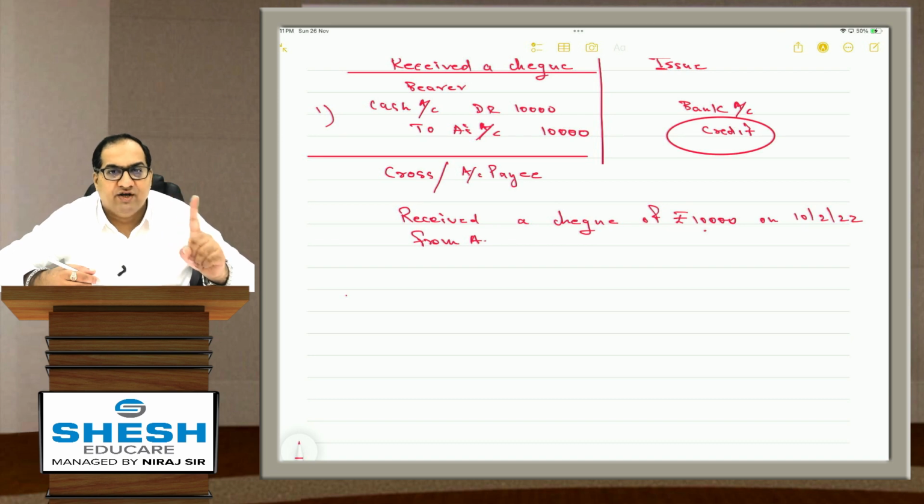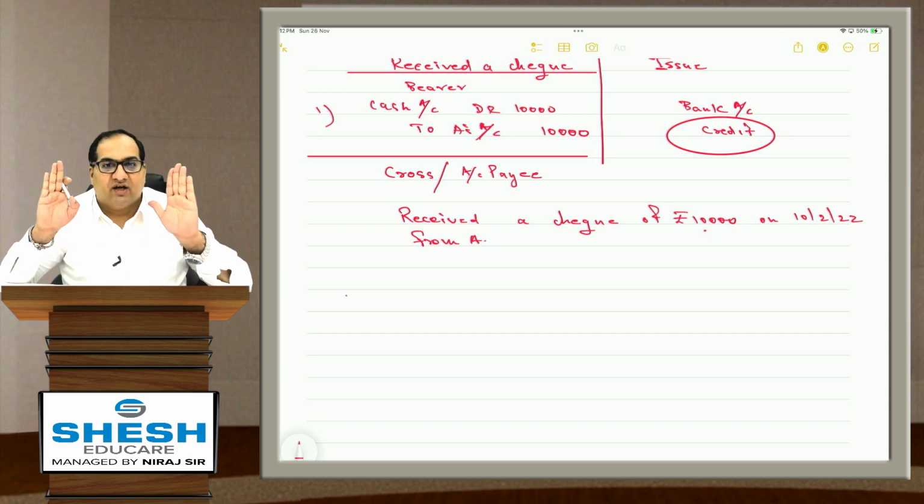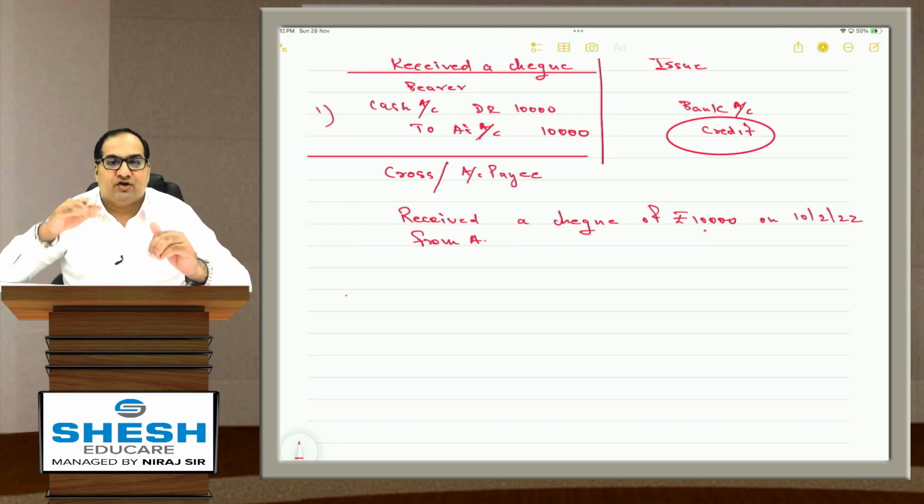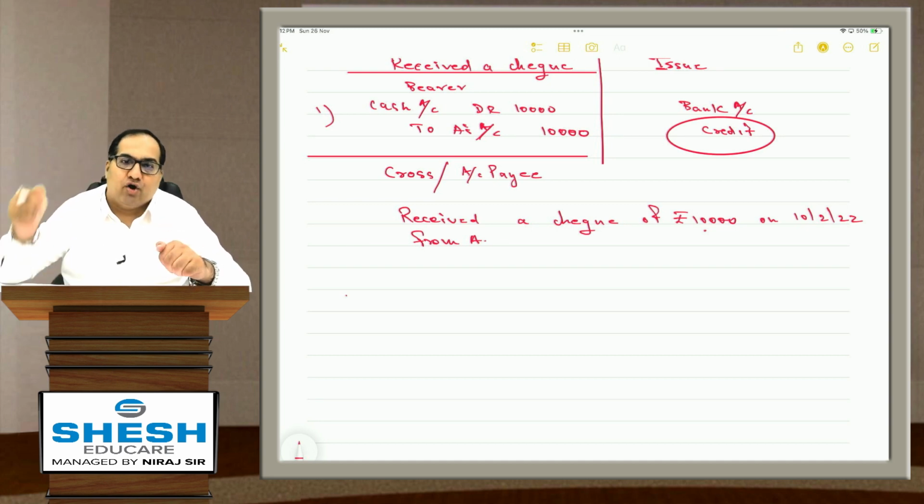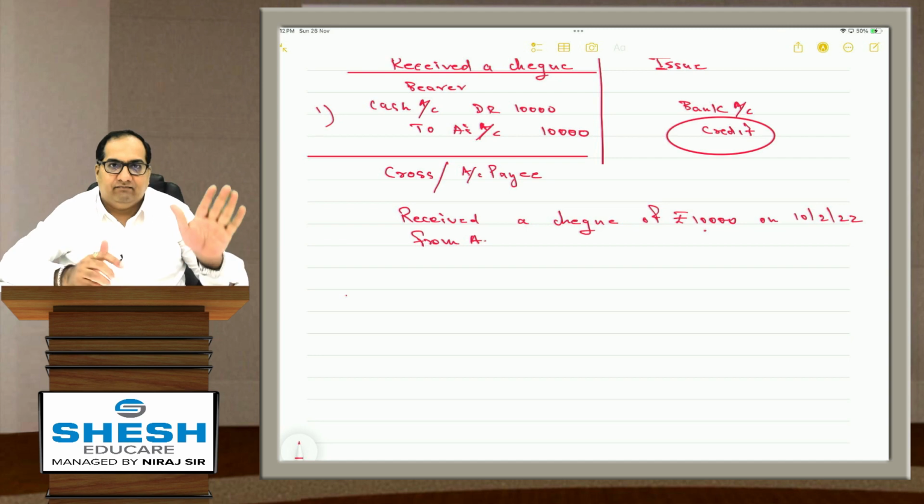But thumb rule is, if you have received a cross check, before you pass any entry, you must cross check whether it is deposited on any other date or not. If no such instructions are given that the same check was deposited on any other date, then it is understood, implied that it was deposited on 10th only.